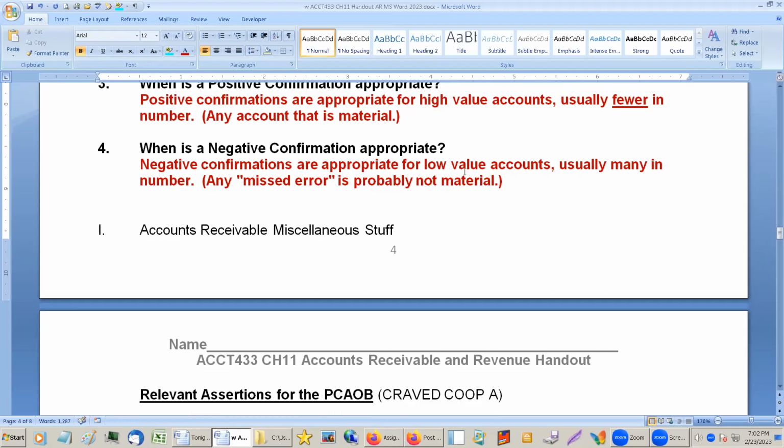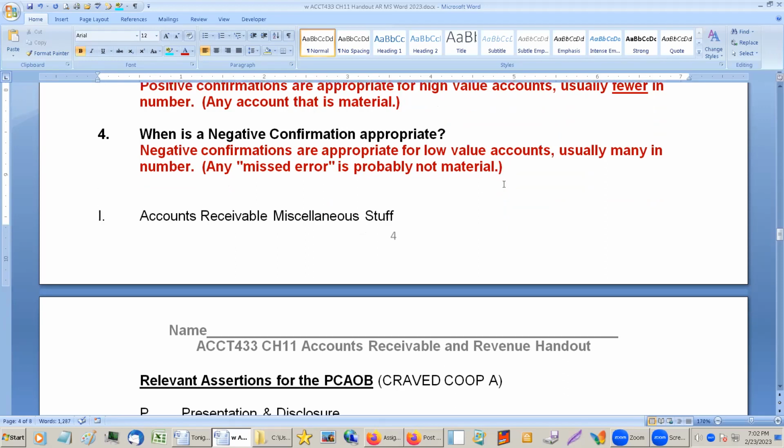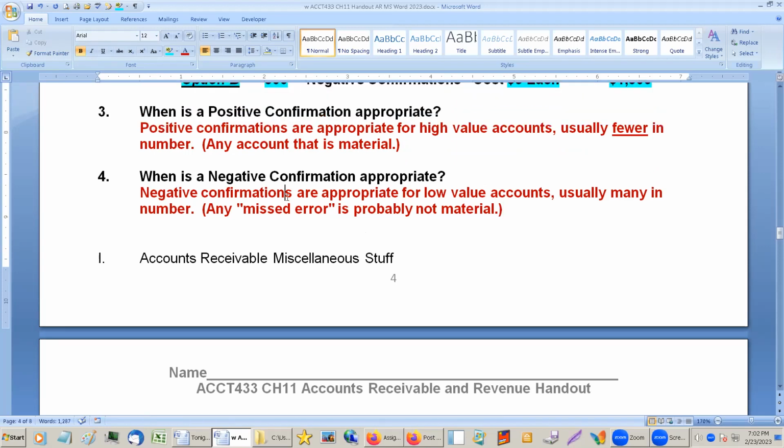If a $10 million account is off, it's probably material. It very well could be material. If it's a $10 account, if it's off, it doesn't really matter too much. And you're going to send out a whole lot more of these, obviously.